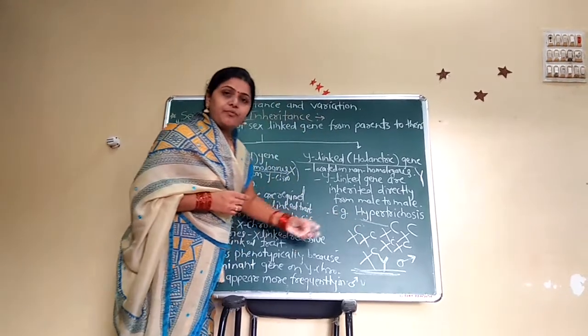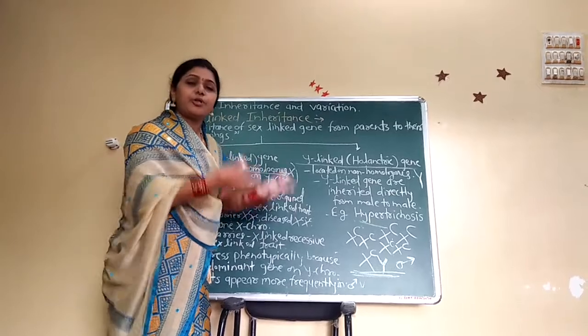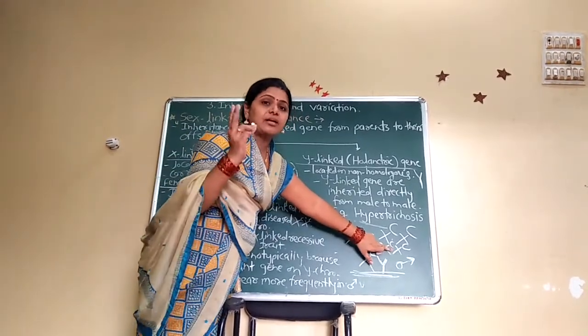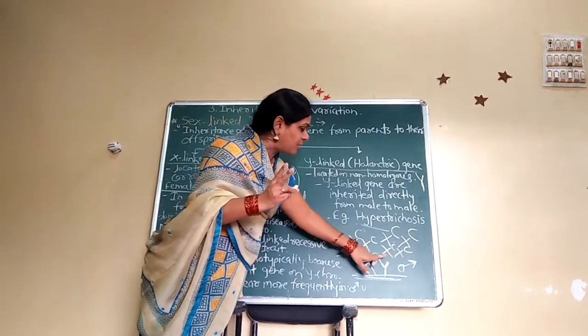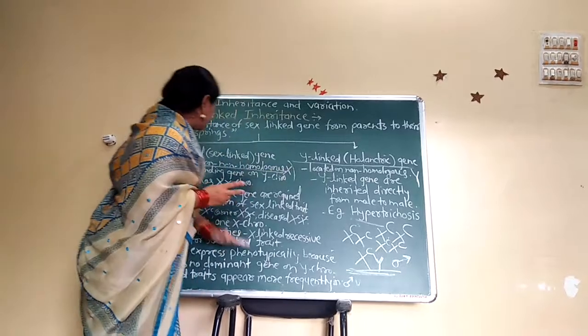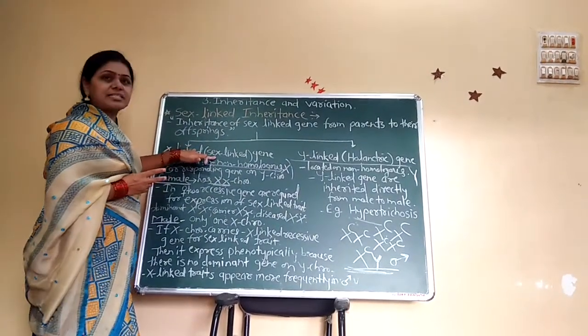When females show the totally recessive trait phenotypically, two corresponding recessive genes are required, present on the two X chromosomes here. That is the X-linked gene, which is also called sex-linked gene.